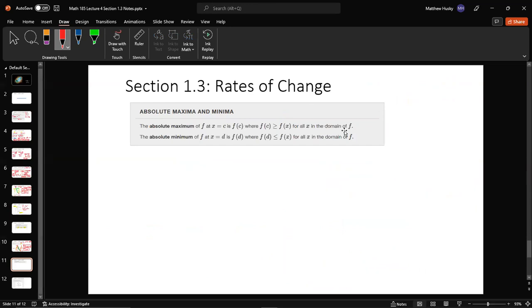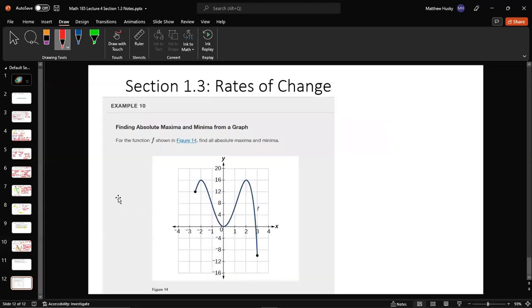It is the absolute lowest it ever goes. It doesn't go any lower than that. So here they have a picture for us. And they say for the function in this picture, they want us to find all the absolute maxima and minima.